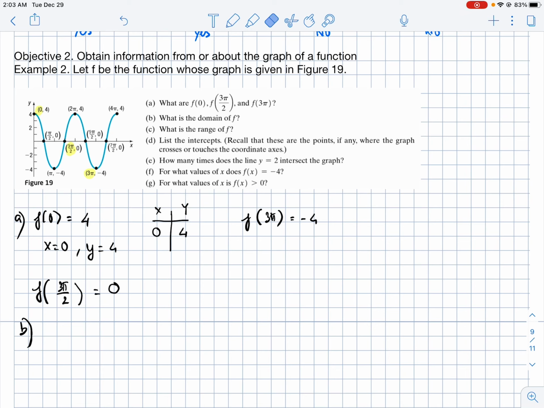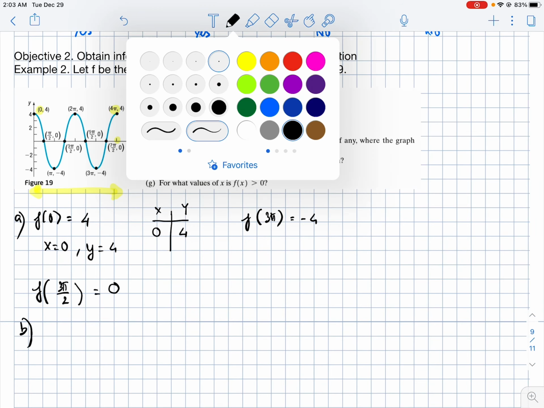Problem B. What is the domain? The domain is the set of all x values. So we look at the function. You see that the lowest number from the left side is 0, and the biggest number from the right-hand side on the x part is not 7 pi over 4, but it's 4 pi.